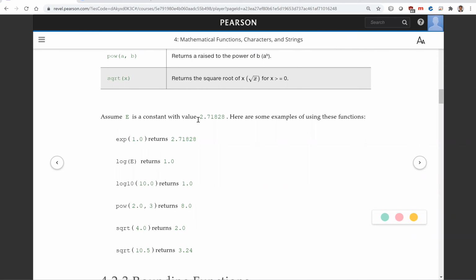Assume e is a constant with value 2.71828. exp(1.0) is this e. log(e), the natural logarithm, is 1.0. log10(10) is 1.